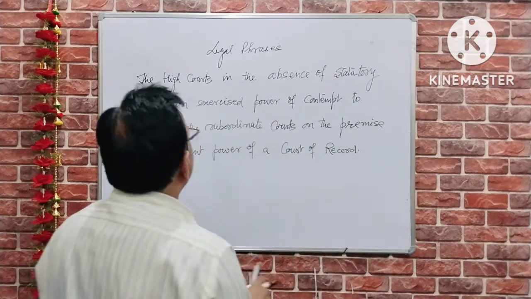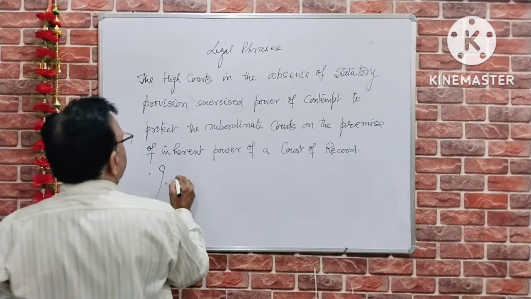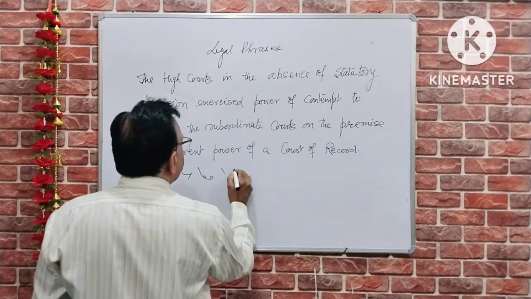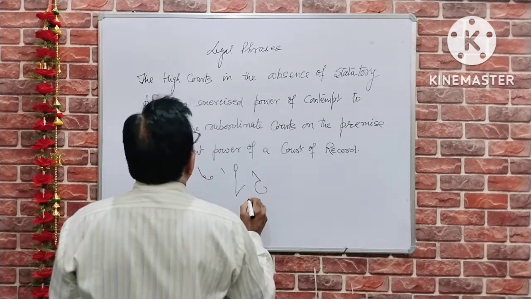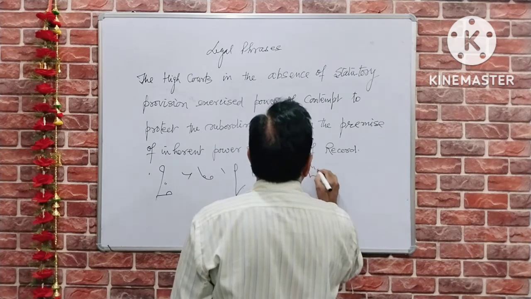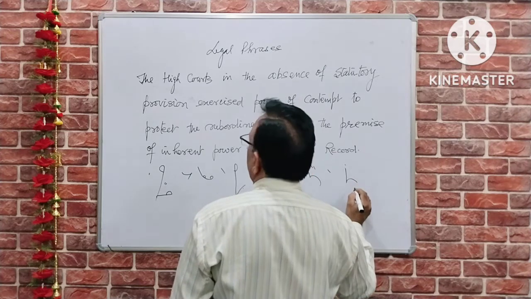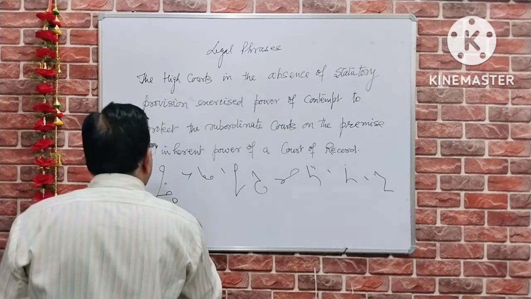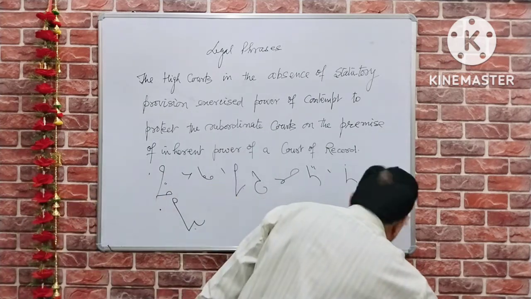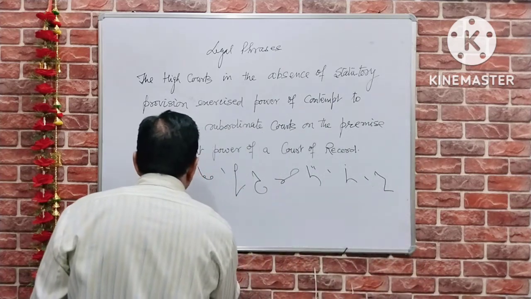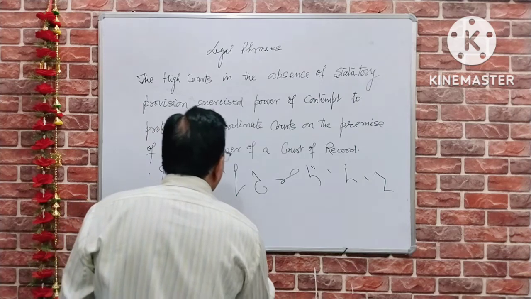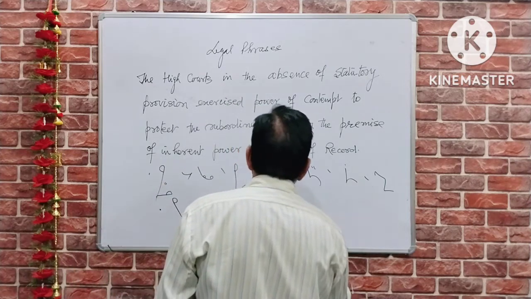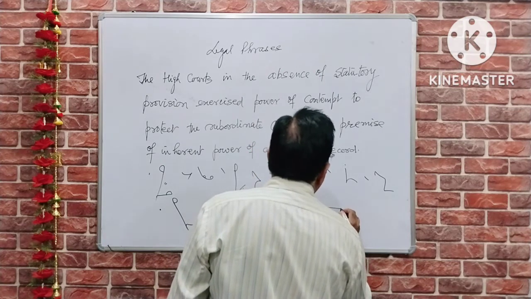Full stop. Friends, the high courts, in the absence of statutory provision, exercised power of contempt to protect the subordinate courts, on the premise of inherent power of a court of record.